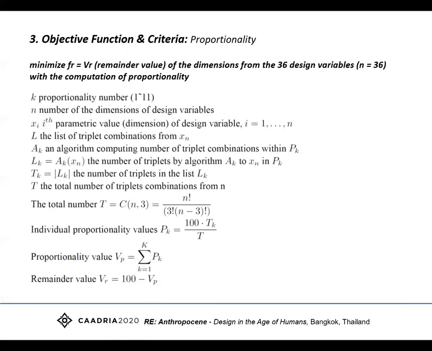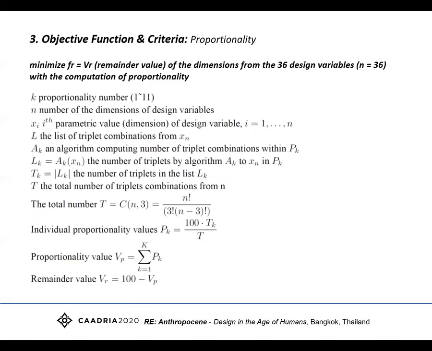The objective function of the proportionality synthesis on the painting is to minimize remainder value of the dimensions from the 36 design variables in the computation of proportionality. By minimizing the remainder value subject to the values of the design variables, we are able to achieve the maximization of the proportionality value.